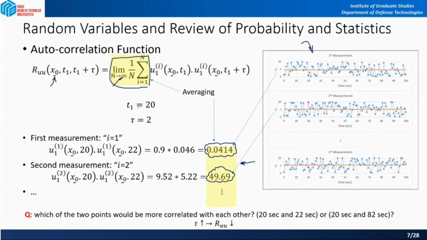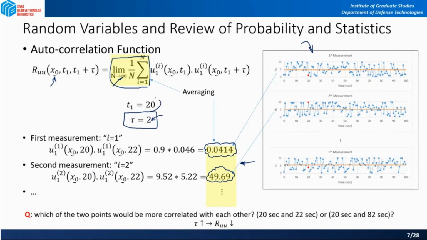The question is this: what if I choose another tau value? Let's say a tau value which is very large. I chose 2 seconds in the previous calculation, and 2 seconds is close to the original data. So I have 20 seconds, and then I chose 2 seconds.